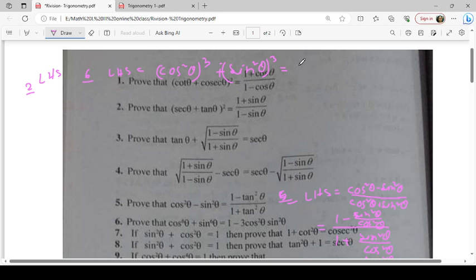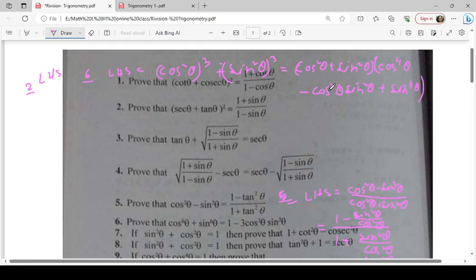We can factorize it as a plus b whole into a square minus ab plus b square. So it is cos to the power 4 theta minus cos square theta sin square theta plus sin to the power 4 theta.